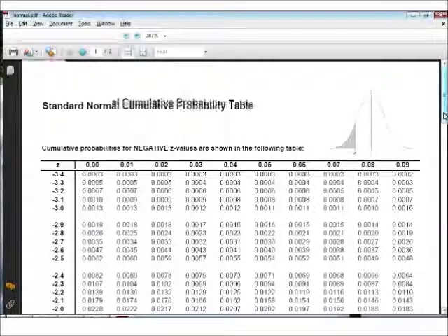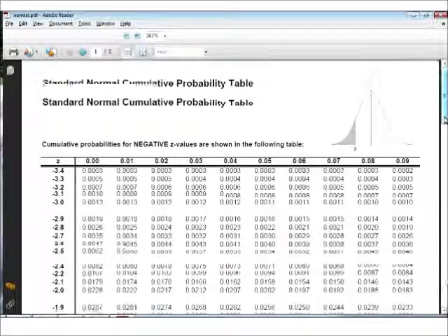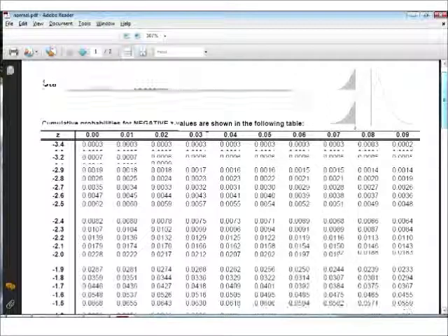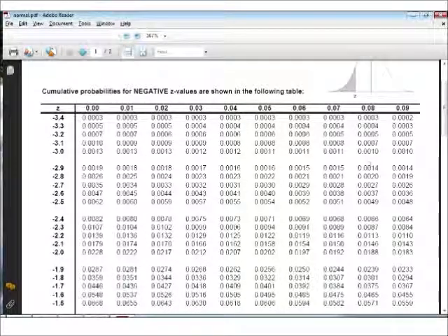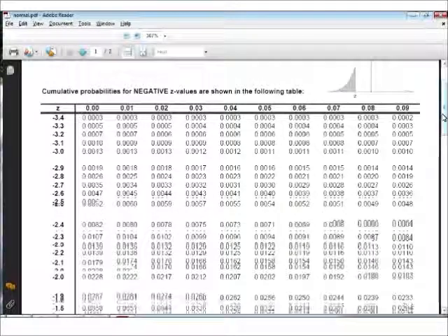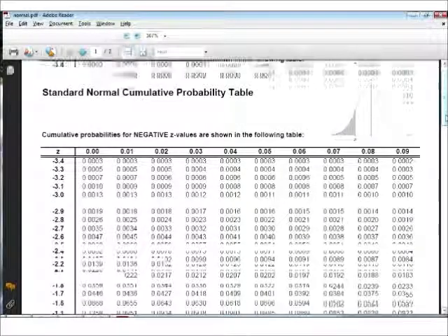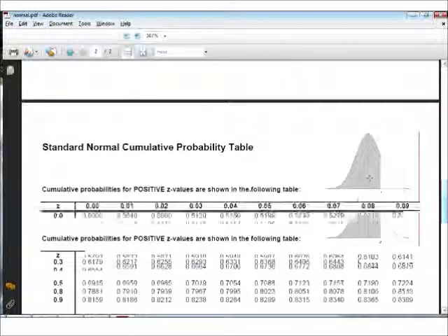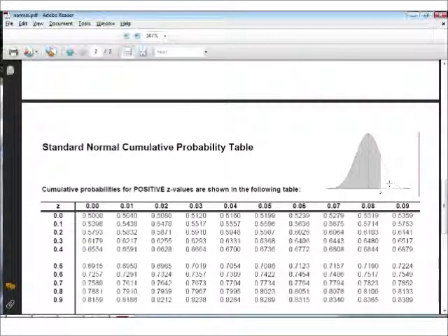So this is the standard normal cumulative probability table. These are the z values and these are the probabilities. This is for one tail and any negative values. And then similarly, this is for the positive z value, because the positive z area critical region is here.